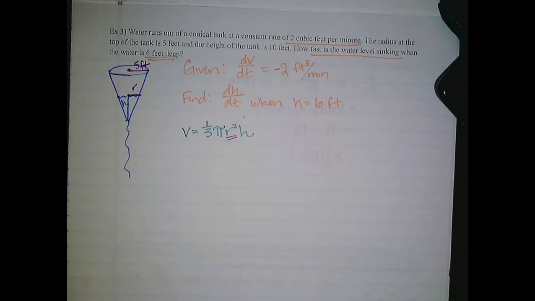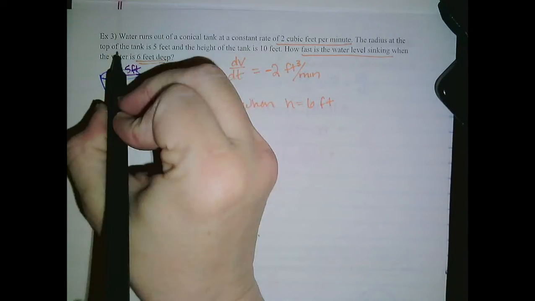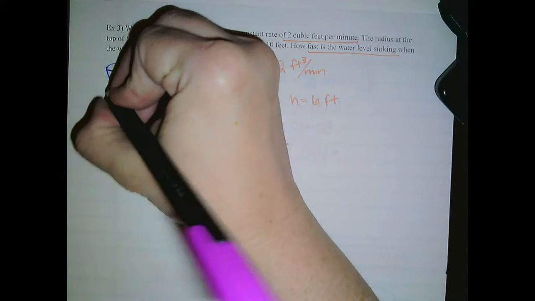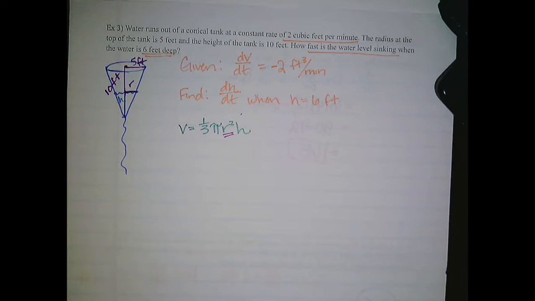So let's go back to our problem and see if there's any more information they give us that we can use. We said that the radius at the top of the tank is 5 feet. They've also told us that the height of the tank, the height of the whole thing, is 10 feet. And that's the information that we're going to use to eliminate the variable.